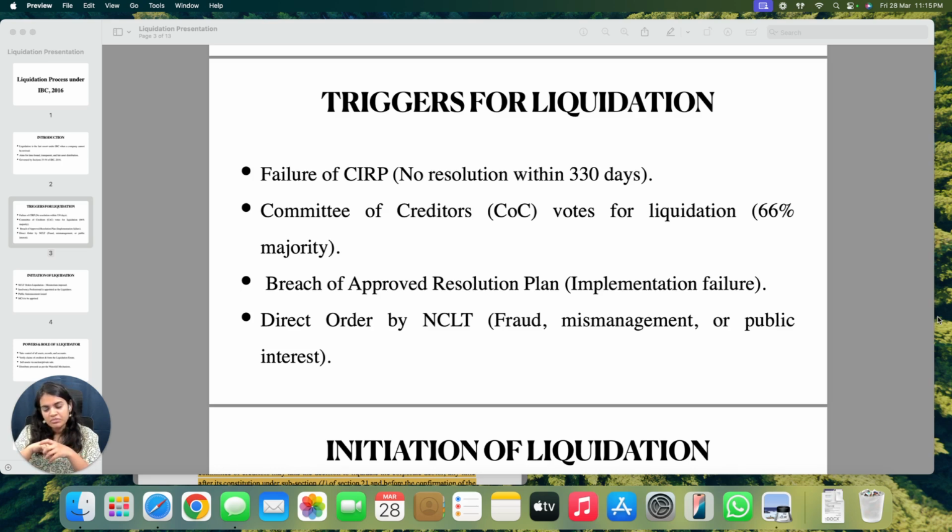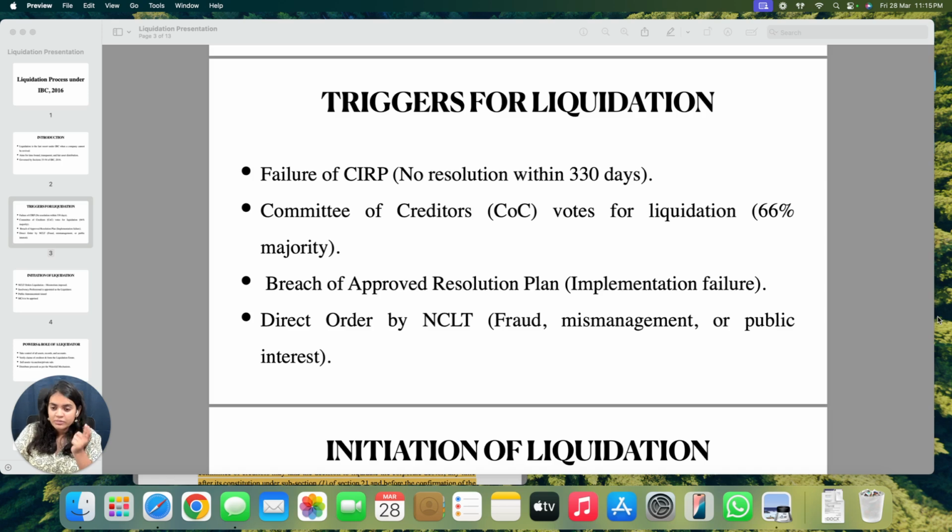And since the primary aim of IBC is to ensure it continues as a going concern and to not rush corporate death, which ultimately affects the economy gravely, the code provides that even under liquidation, the corporate debtor may be sold as a going concern.